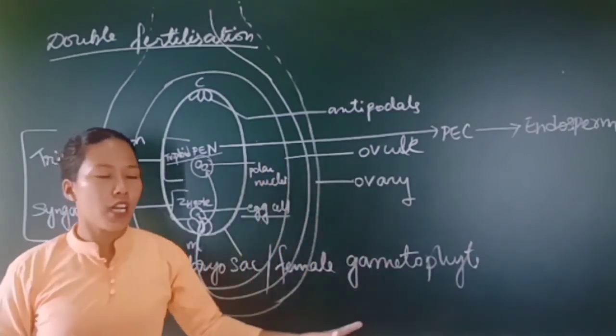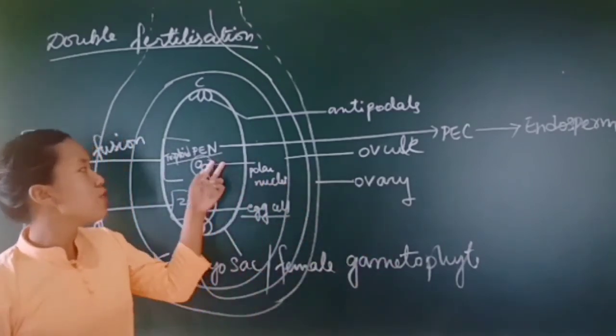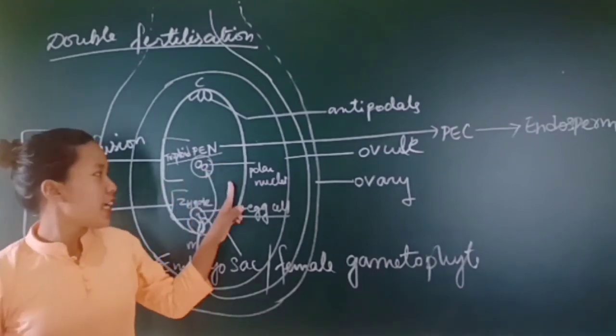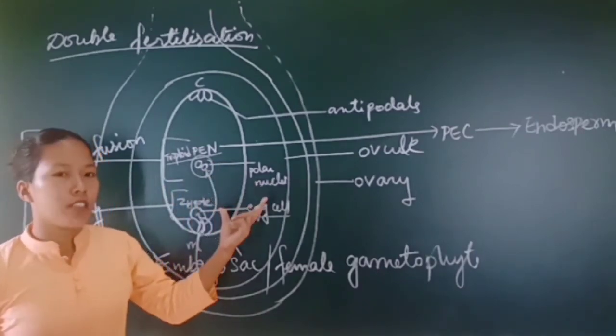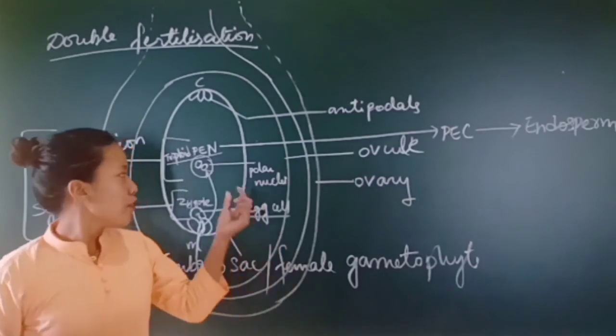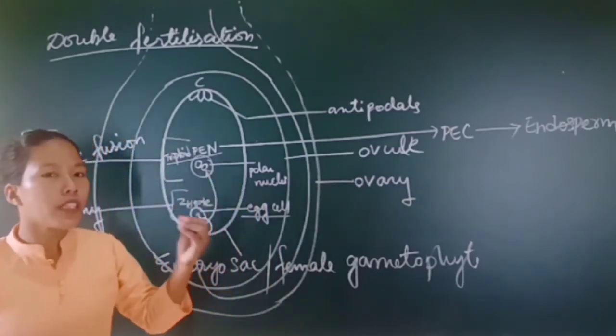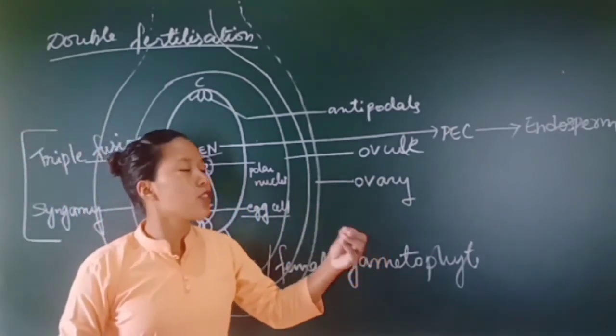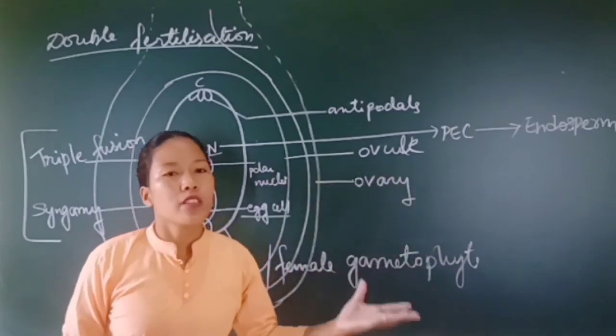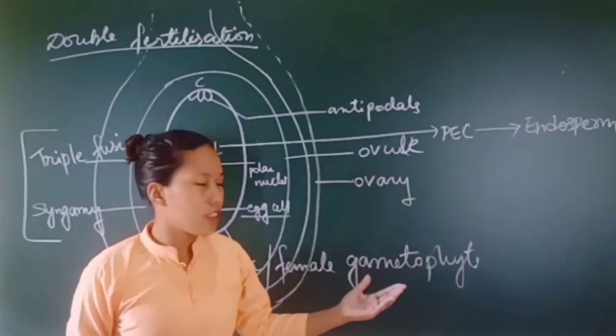We have studied that, then pollination, and today fertilization. After fertilization comes post-fertilization: when fertilization is over, what are the events and what structures develop? We will study that in the next part.